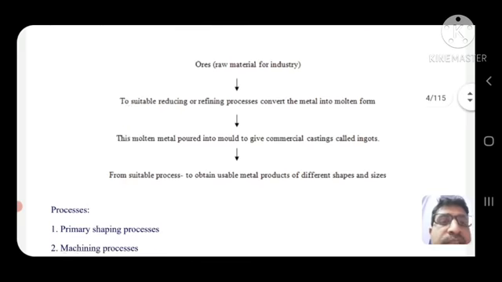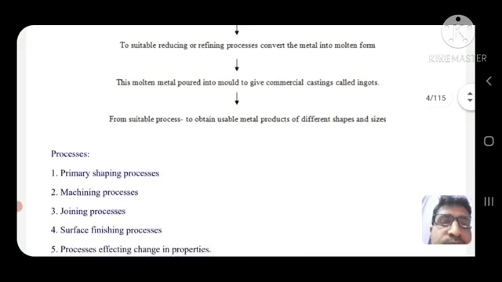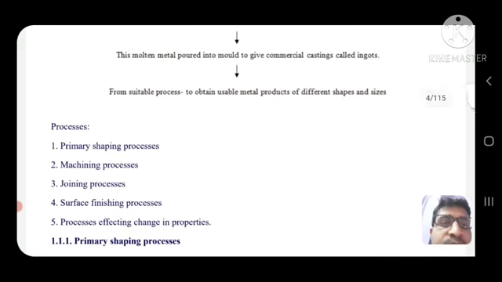The processes are primary shaping processes, machining processes, joining processes, surface finishing processes, and processes affecting change in properties. One is the primary shaping process.